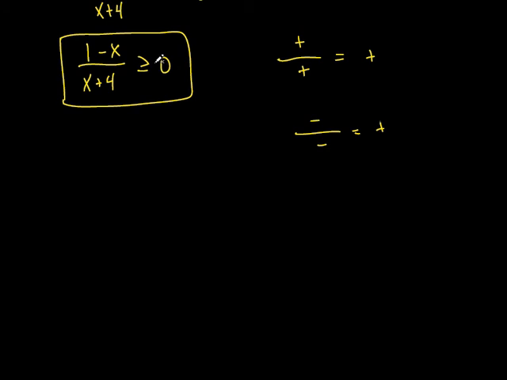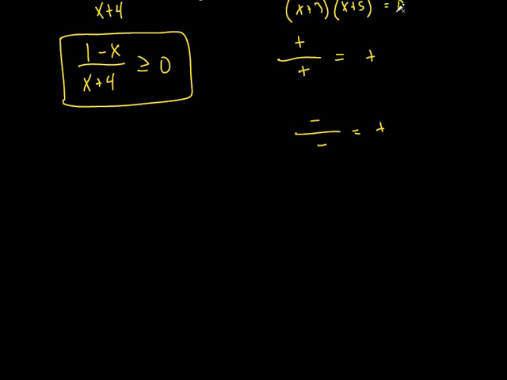Agreed? So what am I going to do? I'm going to take this top and set it greater than or equal to 0. Excuse me, I'm going to take the bottom and set it greater than or equal to 0. Do you remember when we did the product? We set the two products equal. Remember this? If I said x plus 3 times x plus 5, we just finished doing that, didn't we? Is equal to 0. So what did I do?